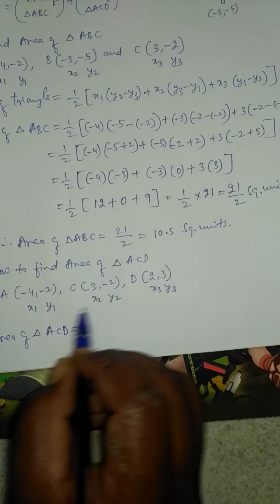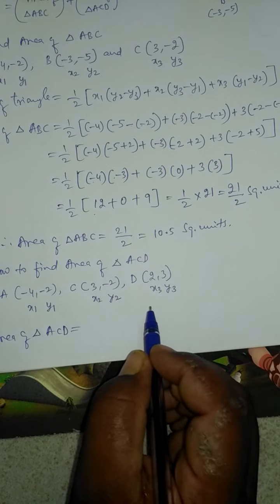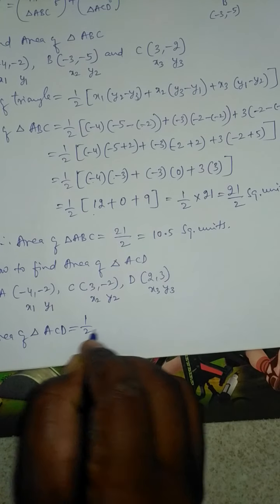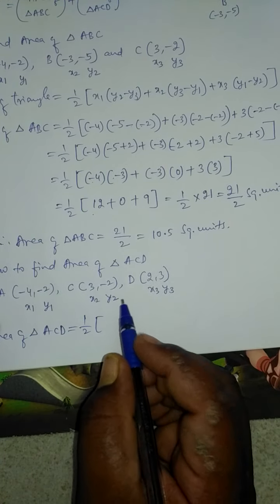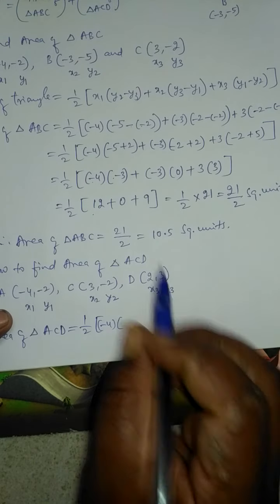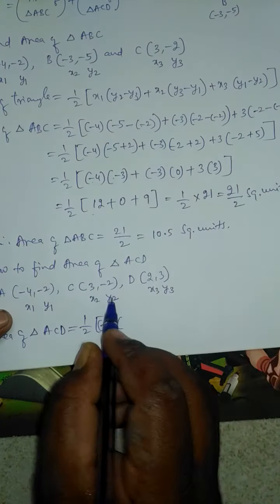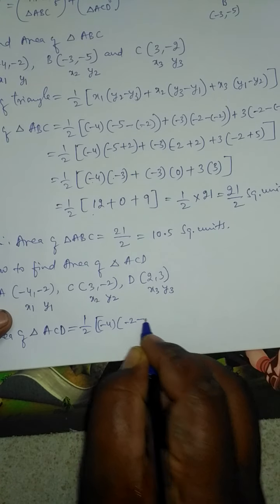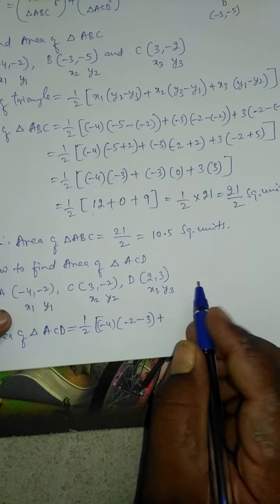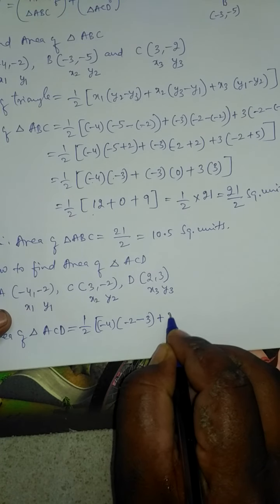So wherever x1, y1, x2, y2 and x3, y3 are there, we have to substitute these values. So half I wrote as it is. Here x1 means minus 4, y2 minus y3 means minus 2 minus y3 is 3, plus x2, what is x2? 3.